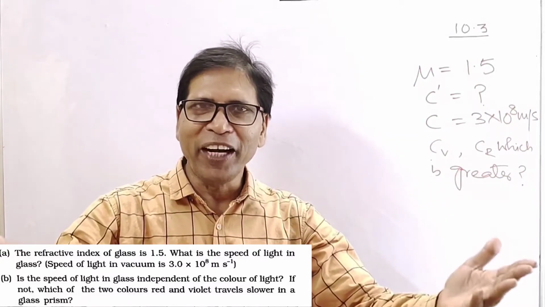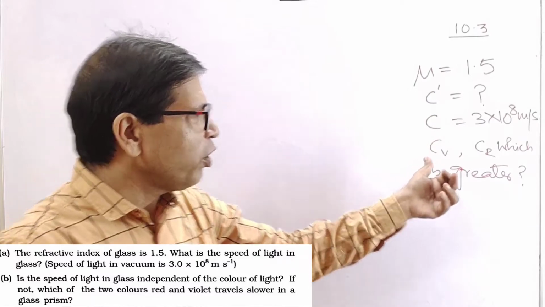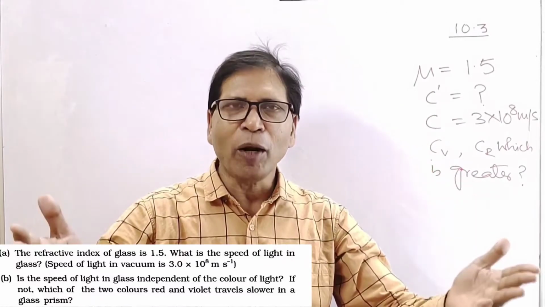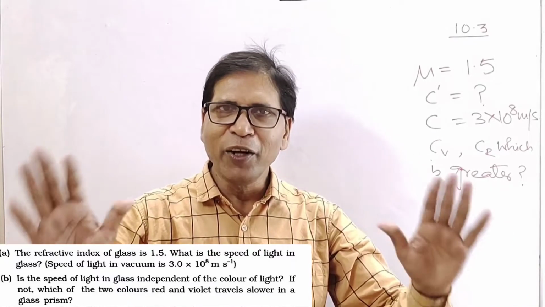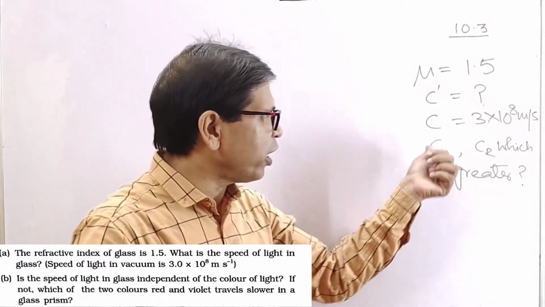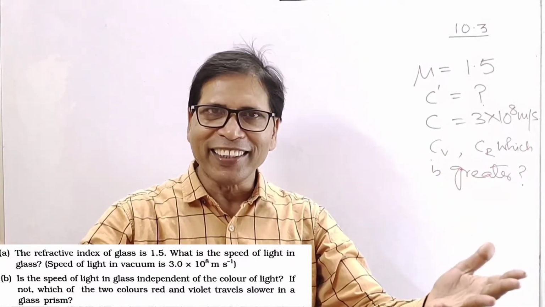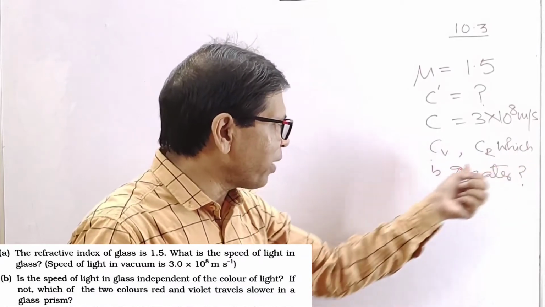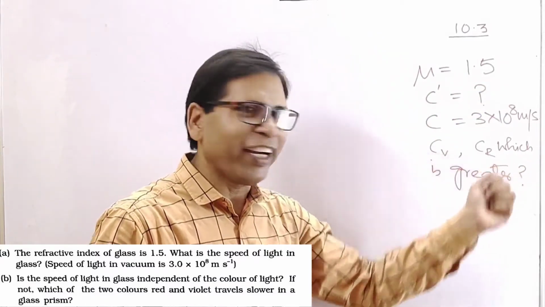Now next, NCERT 10.3: the refractive index of glass medium is 1.5. We have to calculate the speed of light in glass medium. Is the velocity of light independent of the color of light? No. Next question: which color has greater velocity in glass, violet or red?